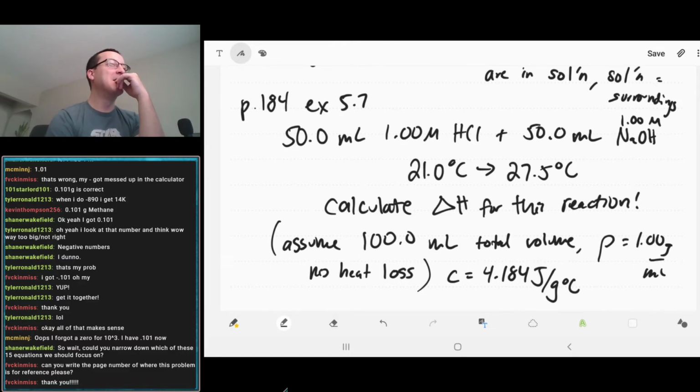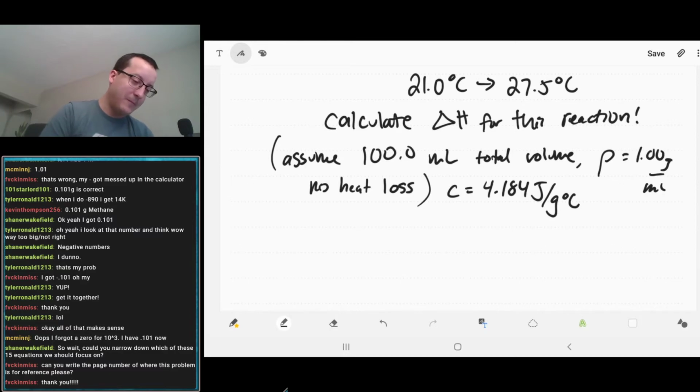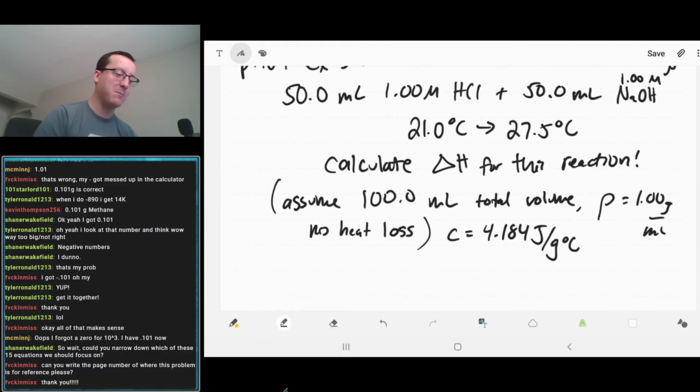There we go. Okay, fun. What the heck is this going to mean? So, let's look through this here. Is there anything that we can go through right away? We have a bunch of numbers here. Probably first thing we should do is write a chemical equation. That's usually something good to do, right?